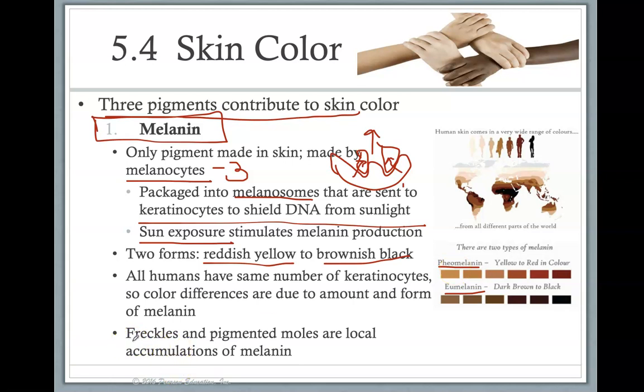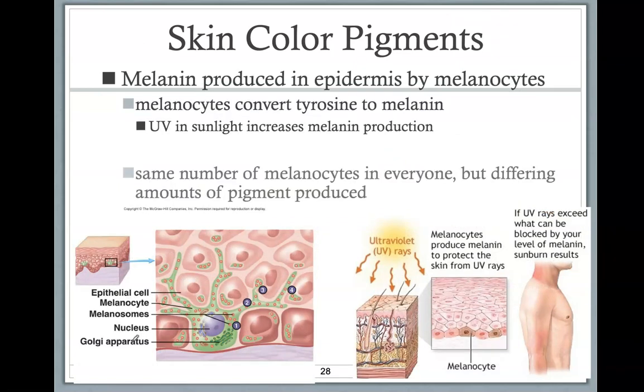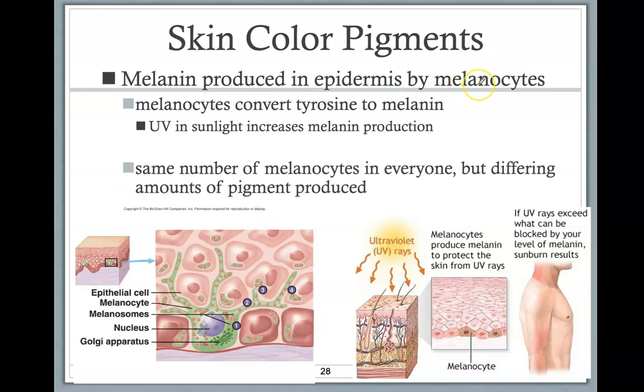And then freckles and pigmented moles are really localized accumulation of melanin. So again, melanin is going to be produced in the epidermis by those melanocytes. And again, the melanocytes package it and send it into the keratinocytes. And melanocytes actually ultimately convert something called tyrosine to melanin. They do this with an enzyme called, and this is going to be important in a minute because we're going to talk about albinism, tyrosinase.